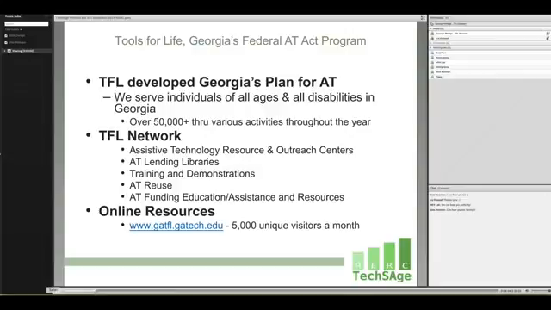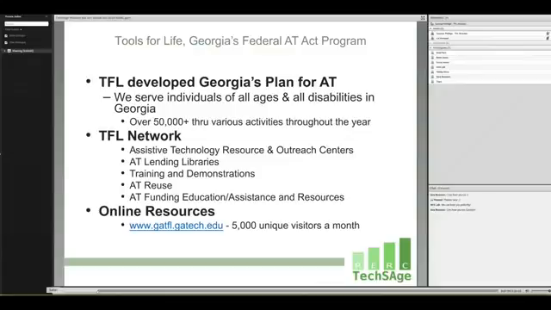The way that we accomplish this is through our work with the Tools for Life network, and that consists of assistive technology resource and outreach centers, lending libraries, so individuals can try equipment before they buy it. We train them on equipment, we provide demonstrations of equipment. We also focus on reuse of assistive technology and durable medical equipment, things like wheelchairs, walkers, canes, crutches, hospital beds.